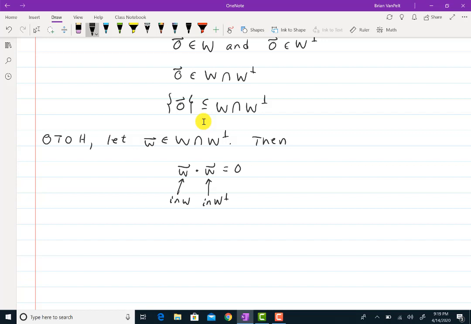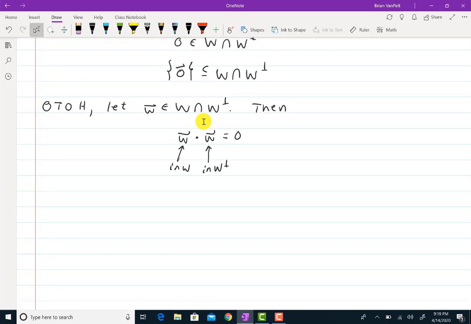So a vector in W dotted with a vector in W perp is automatically 0. So what does this tell me? This tells me that W is equal to the 0 vector. And this implies then that W intersected with W perp is a subset of just the 0 vector. So what all did I just prove then? I went both directions. We have that the 0 vector is equal to W intersected with W perp.